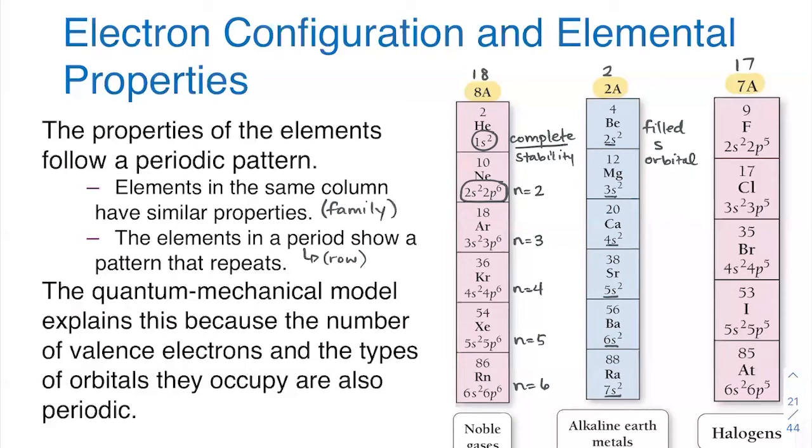And when we look at the halogens, they all end with one extra space, a p5. And we know that there can be 6 electrons total in that p orbital. And so we'll start to see how these look towards reactivity. Namely, the alkaline earth metals tend to form +2 cations. They tend to lose 2 electrons. Why?